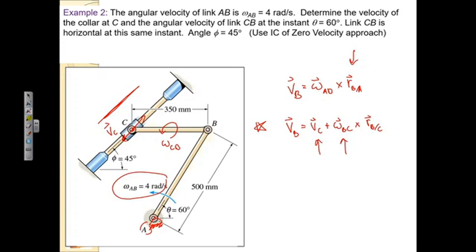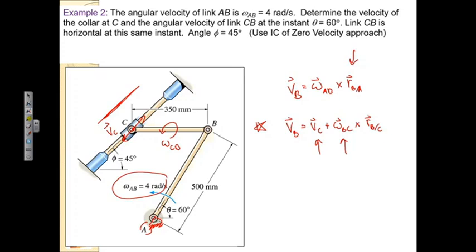This bar BC comes out horizontally. This is 45 degrees, down to point A, which is 60 degrees. Okay. So we're going to try to do this with the instantaneous center approach and think through things.